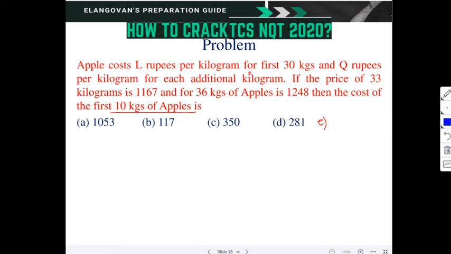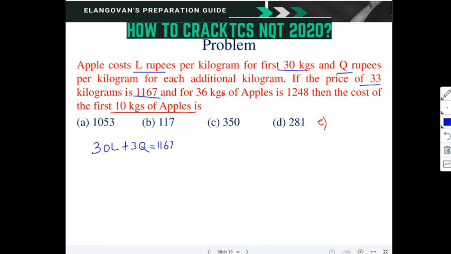So first 30 kilograms of apple costs L rupees per kilogram, and each additional kilogram is Q rupees. Now the first price given, 33 kilograms is 1167. This can be split into 30 kilograms into L rupees plus the remaining 3 kilograms for Q rupees, which is equal to 1167, right?